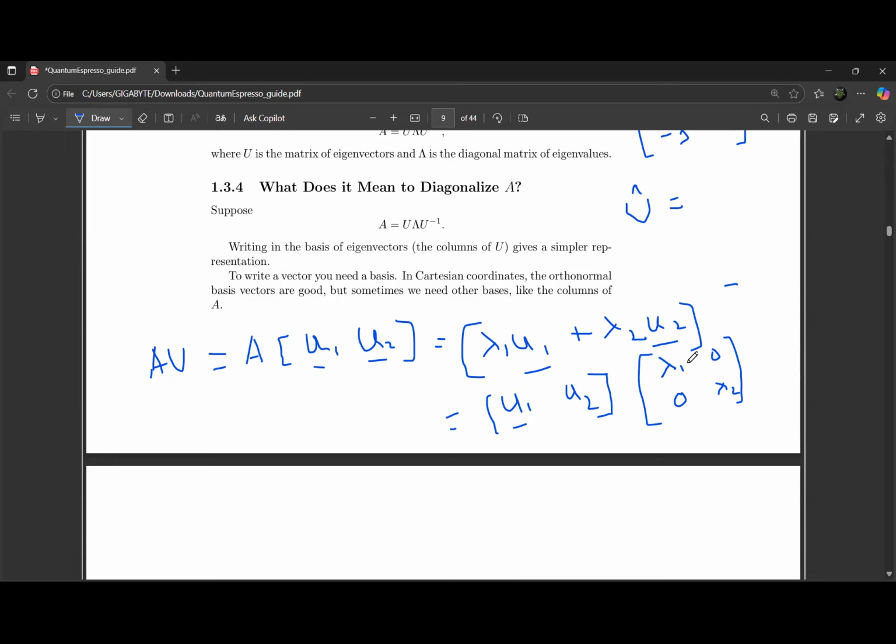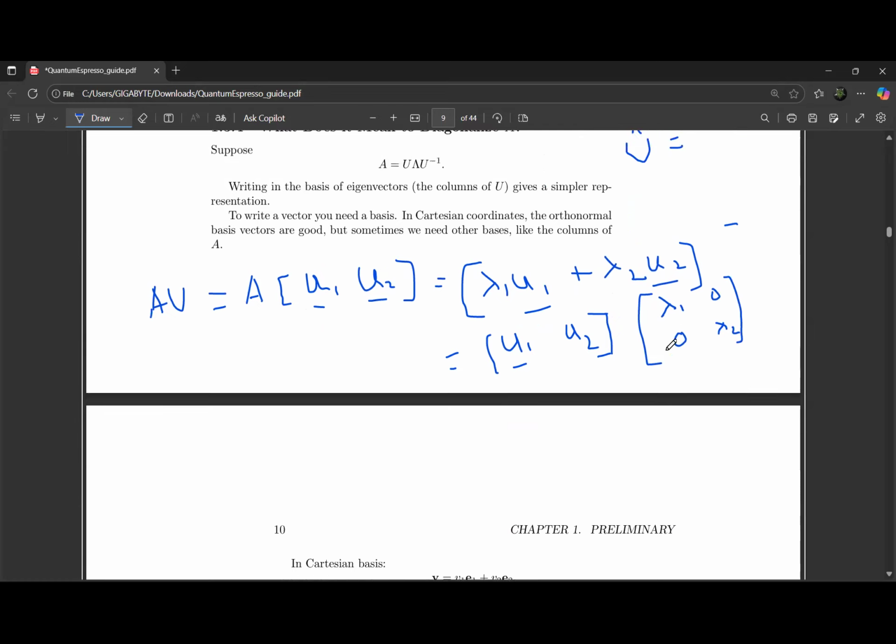Here, lambda1, 0, 0, lambda2 is a diagonal matrix. And we can call this diagonal matrix the capital lambda. And if we have multiple, say we have U3 here, we will get a 3 by 3 matrix of eigenvalues. And for 4, we have a 4 by 4 matrix of eigenvalues.